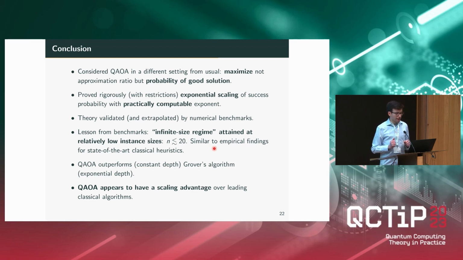And finally, one may be motivated to believe from these findings that QAOA has a scaling advantage over classical algorithms we tried for this constraint satisfaction problem of random k-sets. Thanks for your attention.